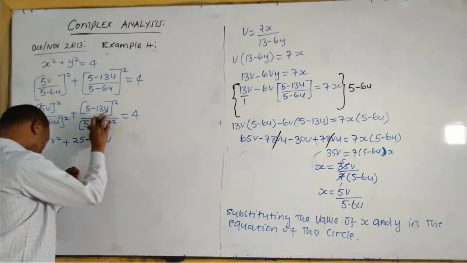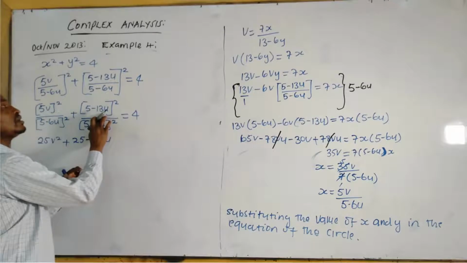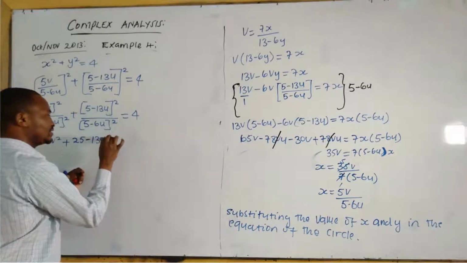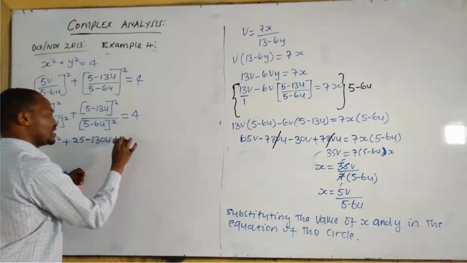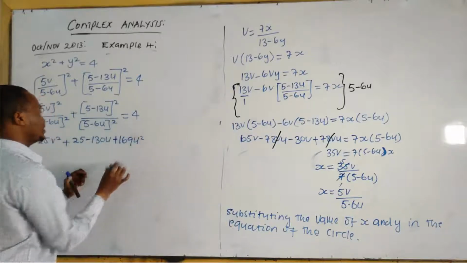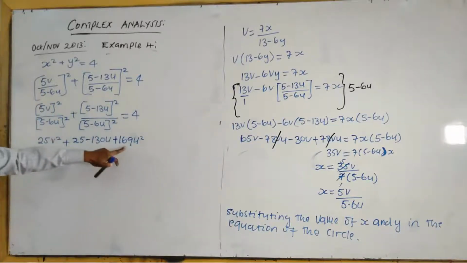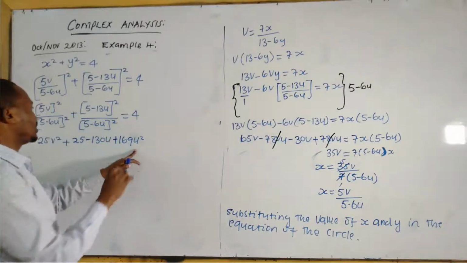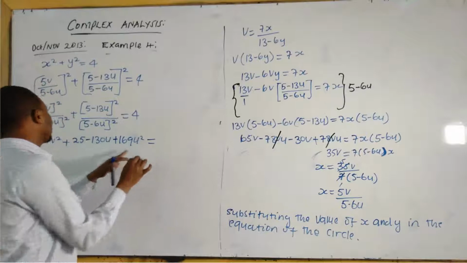What is 13 squared? It should be 169, plus 169u squared.